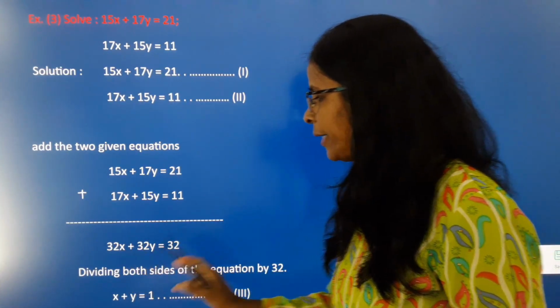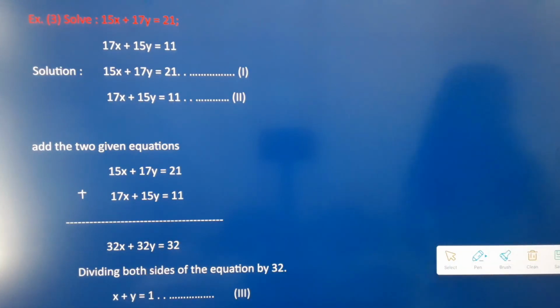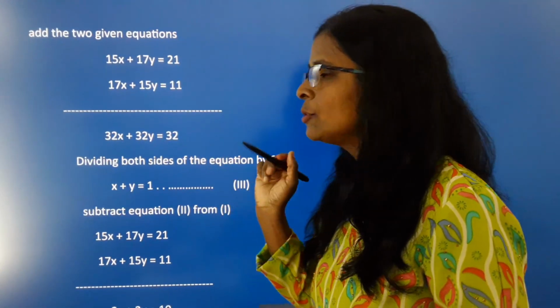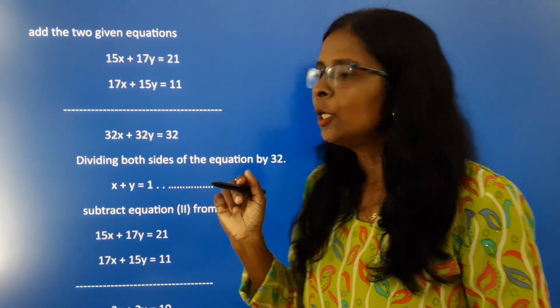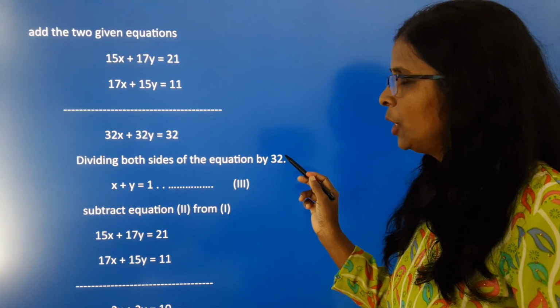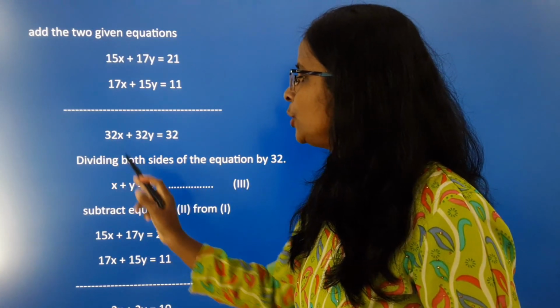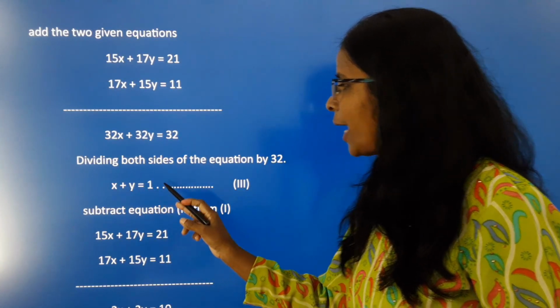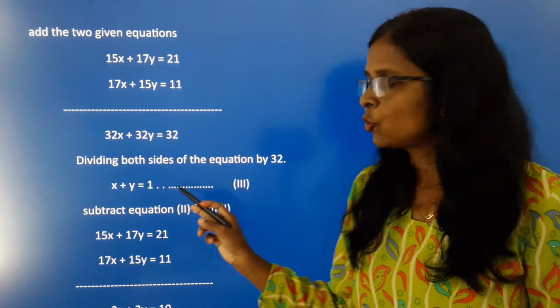Now the coefficients of x and y are 32 and the constant is also 32. So we divide both sides of this equation by 32. After dividing by 32, we have x plus y is equal to 1, and this new equation is called the third equation.